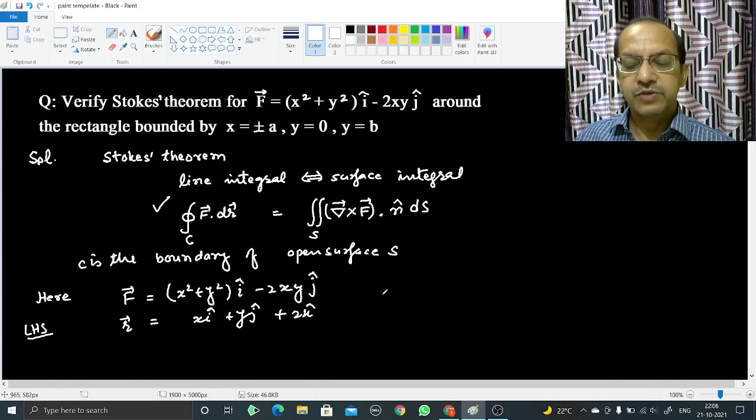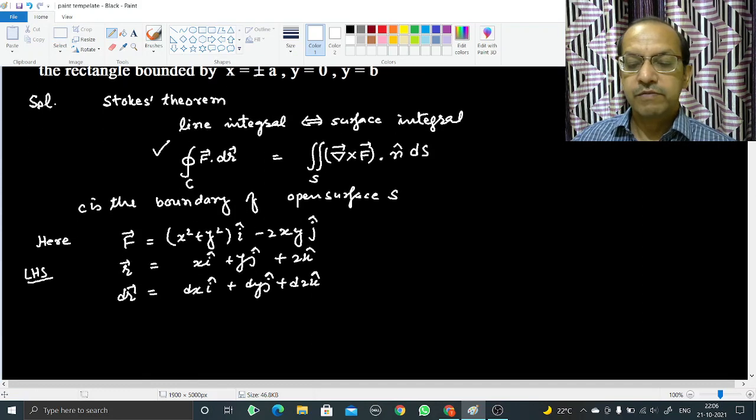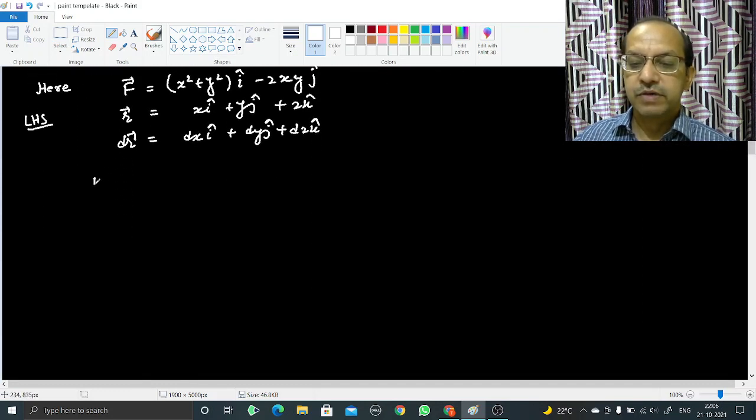Here the plane is the xy plane, so z will be 0, and dr will be dx i cap plus dy j cap plus dz k cap. So F dot dr will be (x² + y²) dx minus 2xy dy.